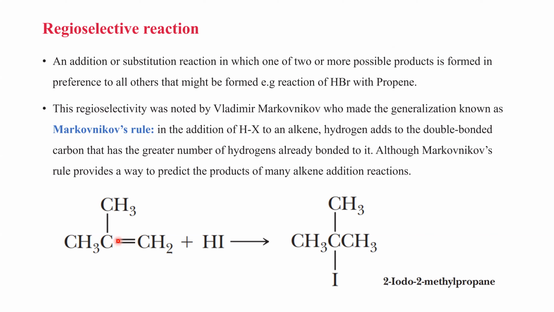When the carbon is the more substituted one, with the least number of hydrogens, the other part of the reacting species, which is bigger than hydrogen, has only one window to be part of it.